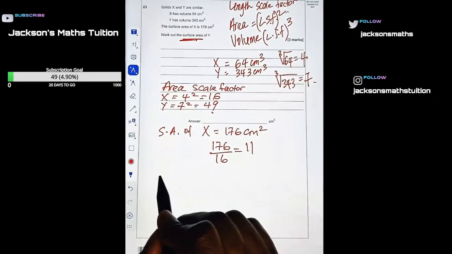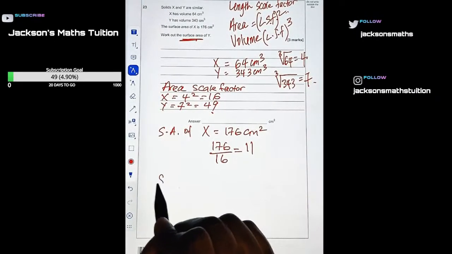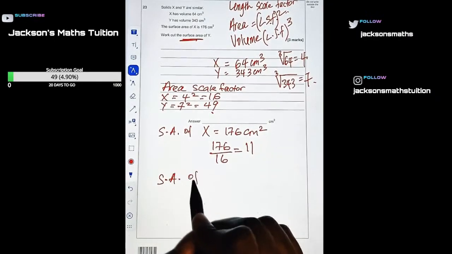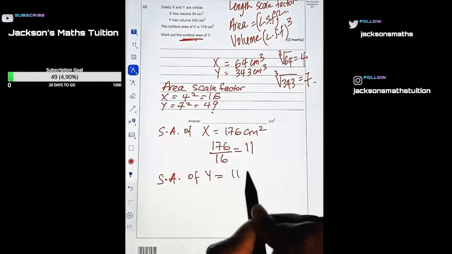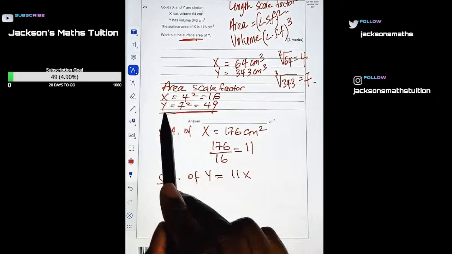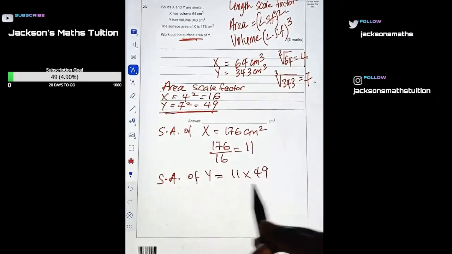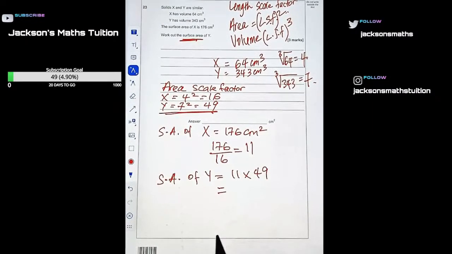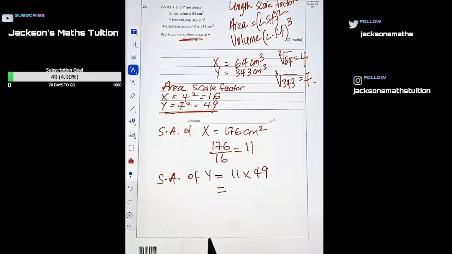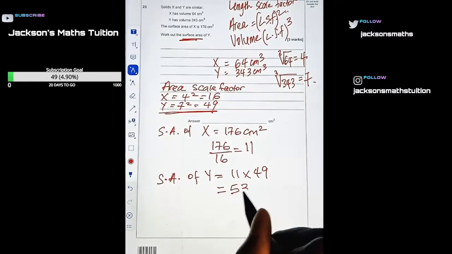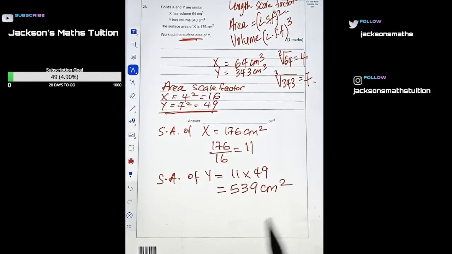And then to get the surface area of Y, you're going to do 11 times the area scale factor, which is 49. Now you could write it as a fraction if you want, no problem. There are several ways you could do the question. As long as you get the correct answer, it's totally fine. So this is 539 centimeters squared.